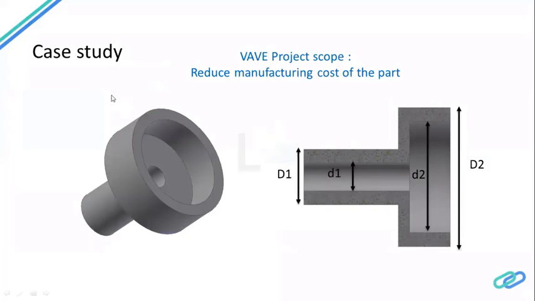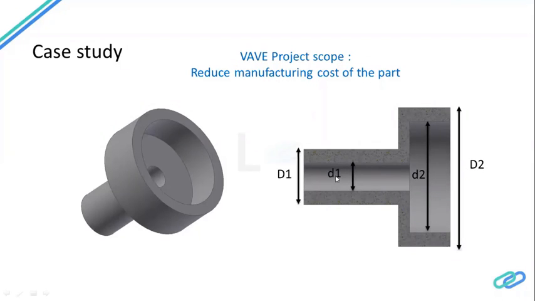Let's now take an example so you can understand a little bit more how the VAVE works. I have shown a very simple part here. It is a simple cylindrical part, and I have shown a cross section here. What you can see is that there is a back cylinder, or the back side of the part, which has the external or outer diameter of capital D1, and to the right the outer diameter of the cylinder is capital D2.